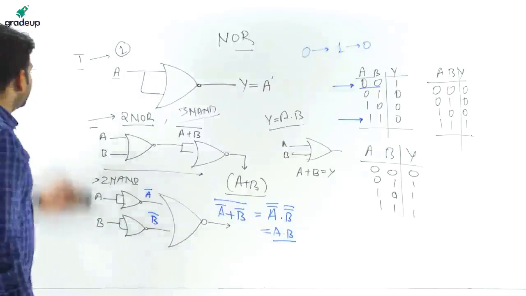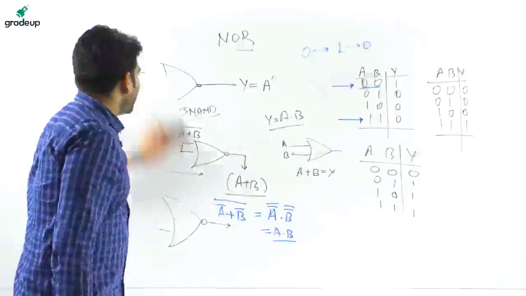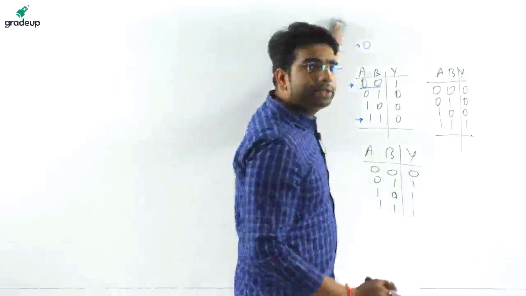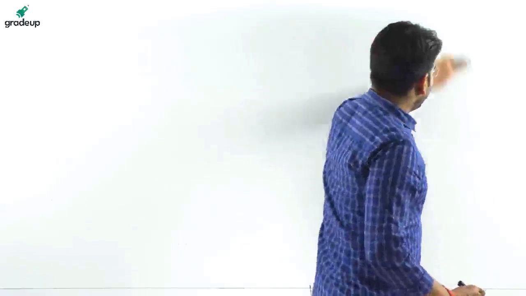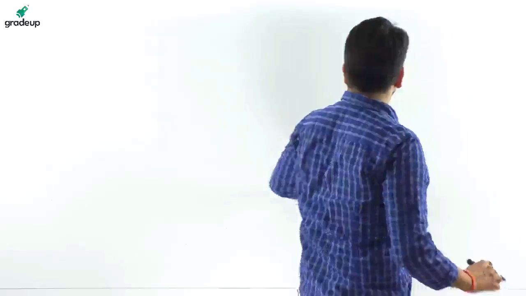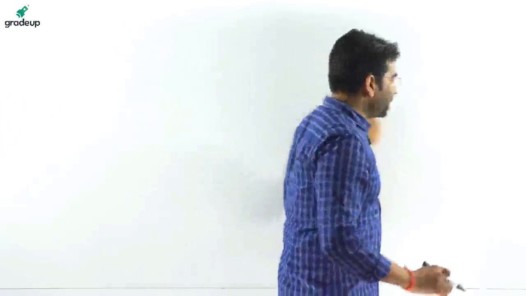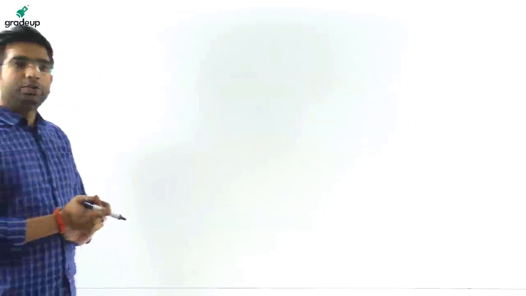Dear friends, the main thing to take away from here is how to find the number of NAND gates and NOR gates. If any expression is given, how to calculate the number of NAND and NOR gates, and also how to implement any logic function using those two gates.